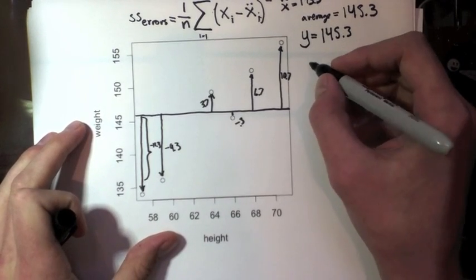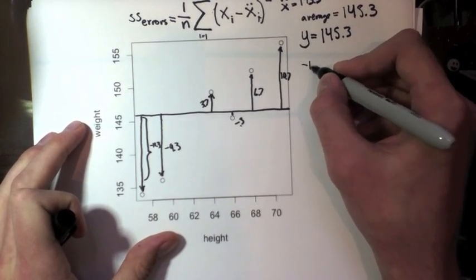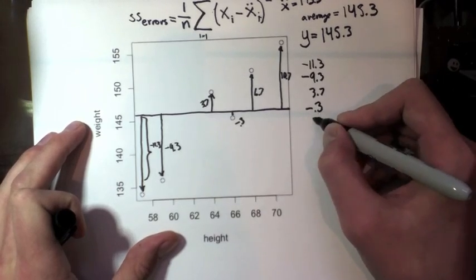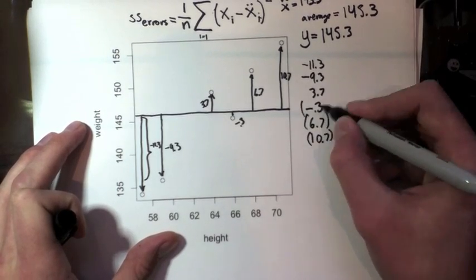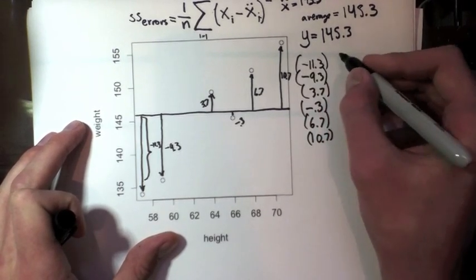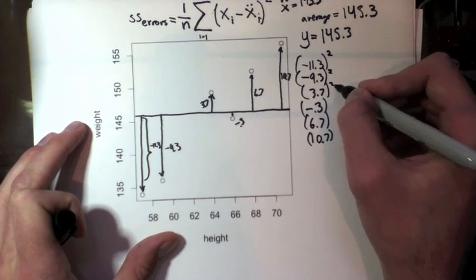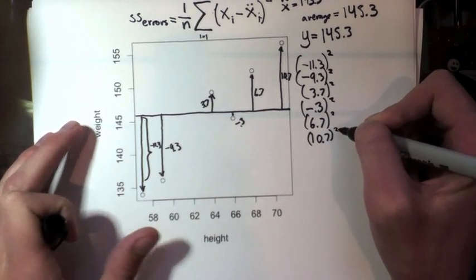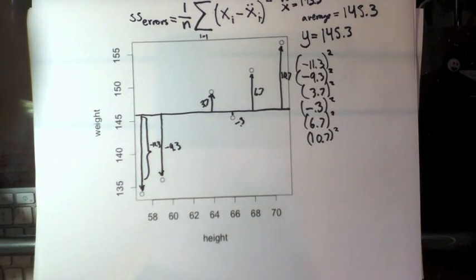So let's write down our 6 values over here. And we have to square all of these, because by squaring them, remember when you square a positive number, it's a positive number, and when you square a negative number, it's also a positive number. So I'm going to do the math on my statistic computer over here.